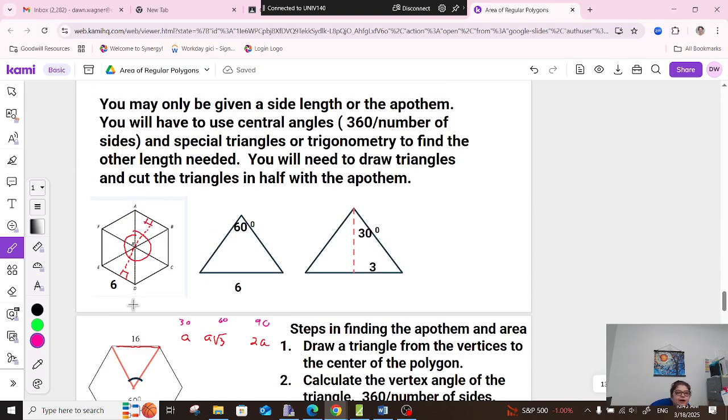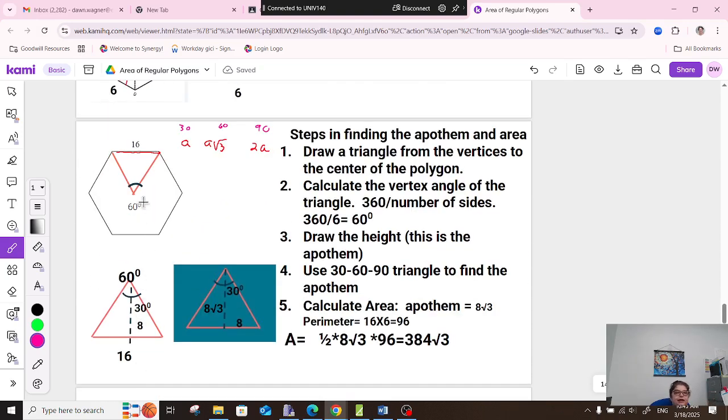Okay, now the height of this triangle is the apothem. Do you see it? If I actually drew in the height, it's the same as the apothem because it has to make a right angle to be a height.